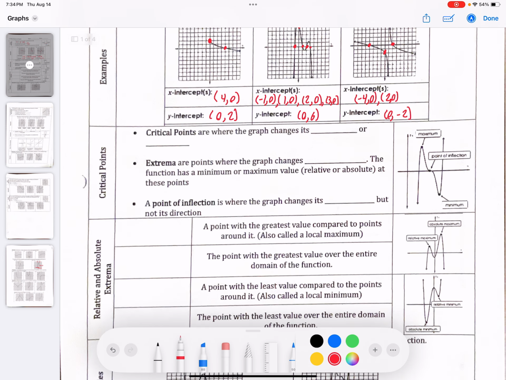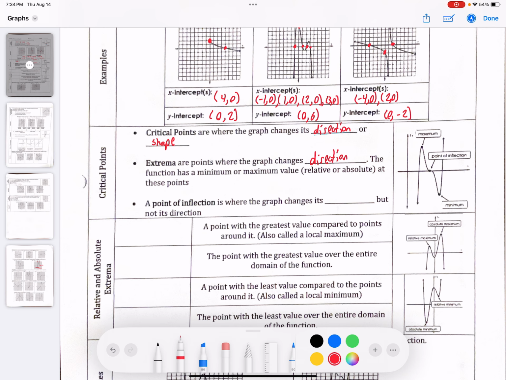So our critical points are where the graph changes its direction or shape. Extrema are points where the graph changes direction. The function has a minimum or maximum value, relative or absolute, at these points.